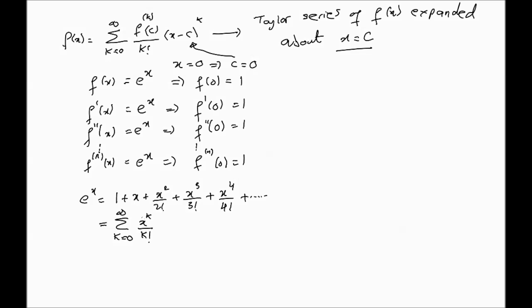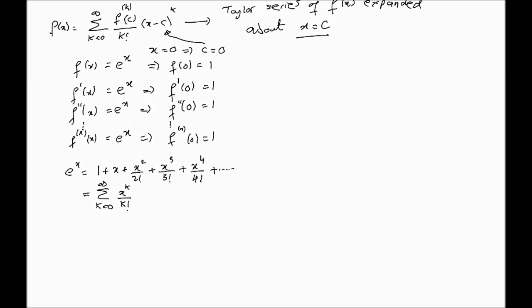Now the next question that should arise normally in your mind is, okay, so I've got a power series now. What do we usually do with the power series? Well, we try to look for its radius of convergence. So let us do that. Here we'll use the ratio test as usual.